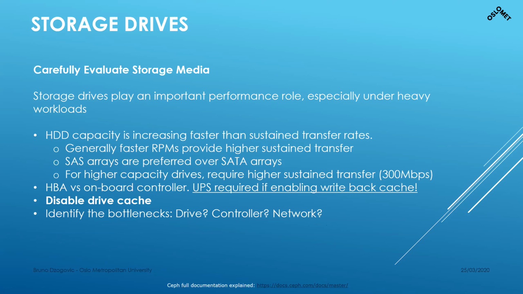Drives literally can be SAS drives over SATA drives, for example. You can use higher RPM drives. You should disable the cache on the drive because it can be like the SSHDs.